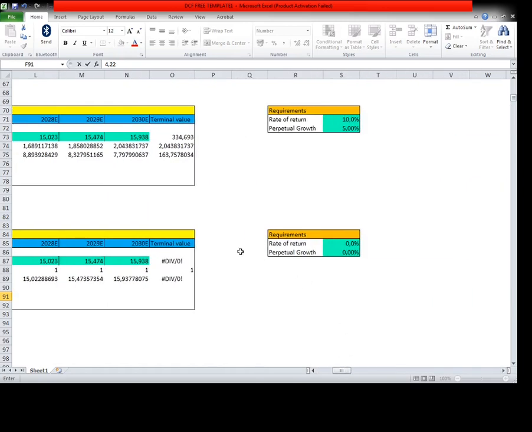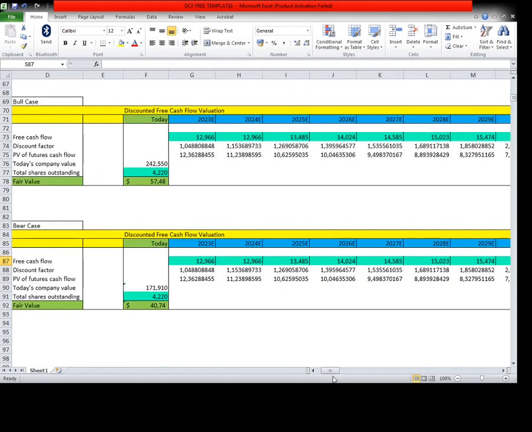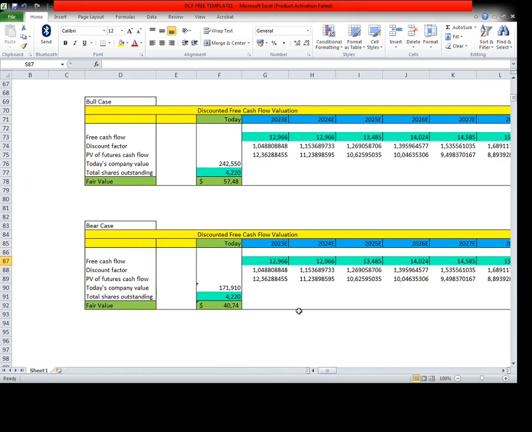Let's say we are bearish on Cisco, so our return on our investment will still be 10%, and its growth will not be so hot. Let's give it 1.5% if we are bearish on the company, saying it's old and will not grow like other ones. And we check the fair value of it. It's $40.74.